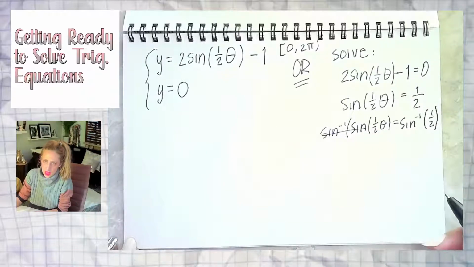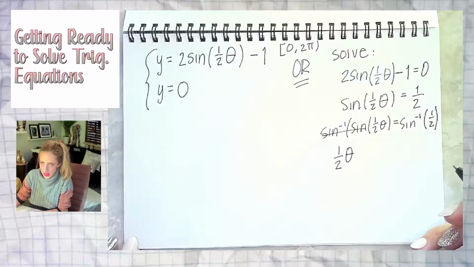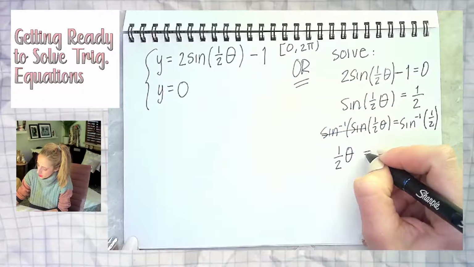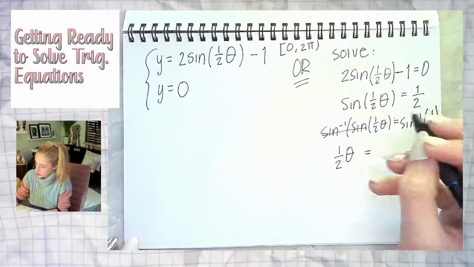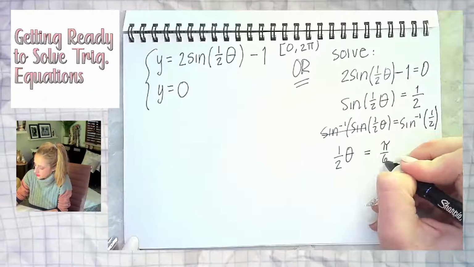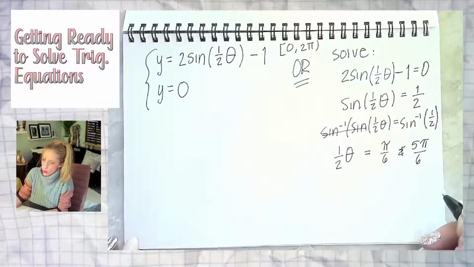Sine and sine inverse, adios. I'm only left with 1/2 theta equals, I had two answers for that. I'm still going to start with those two answers, pi over 6 and 5 pi over 6. What should I do next?